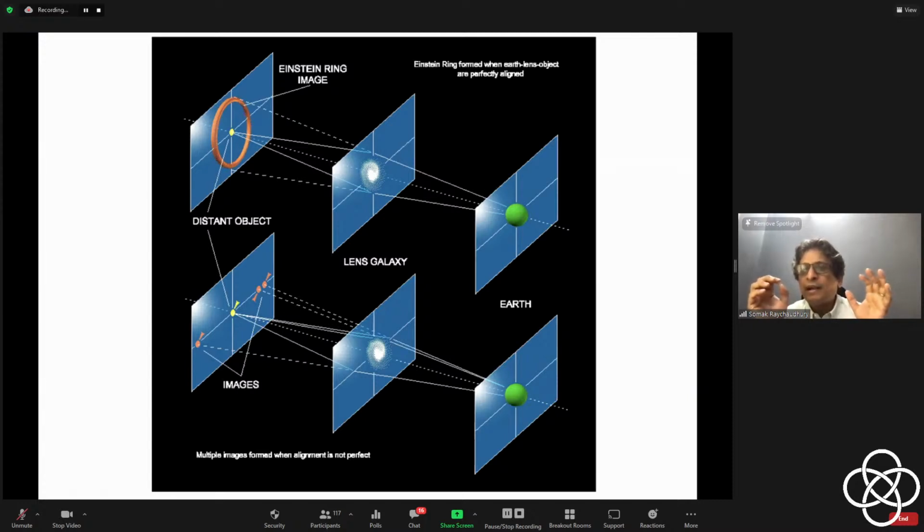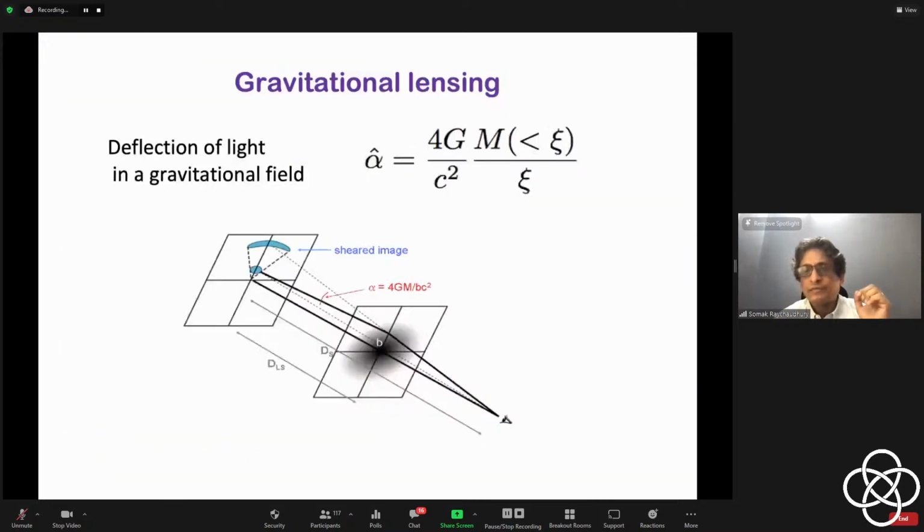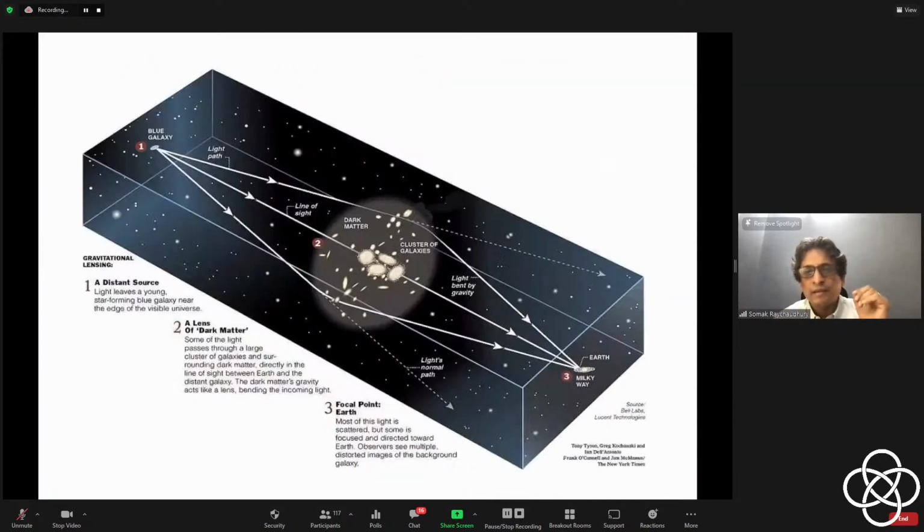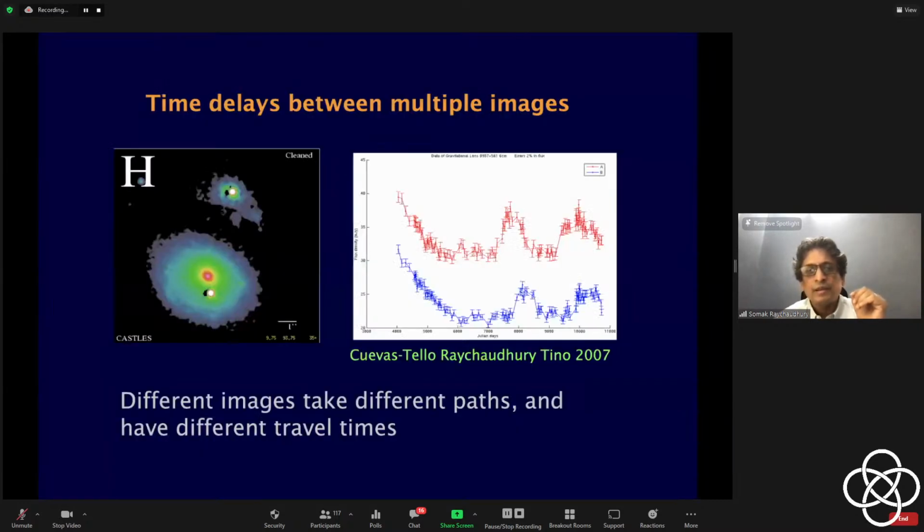So if you have 2 different images or 4 different images of the same source, then you will see them vary at different times. And this is, for example, one case, something a student of mine worked on, and this is the first double quasar that was found, which I showed you. And here is a monitoring of it at radio wavelengths. I think we did this with optical and radio both. And so you can see that it varied like this.